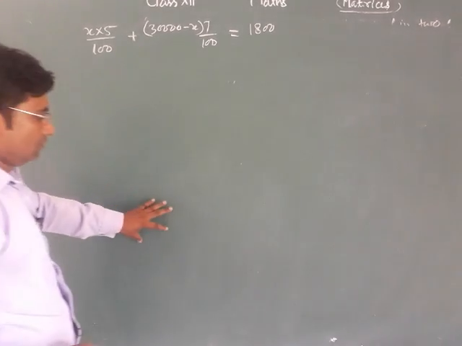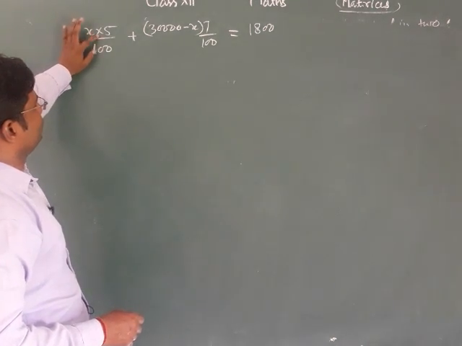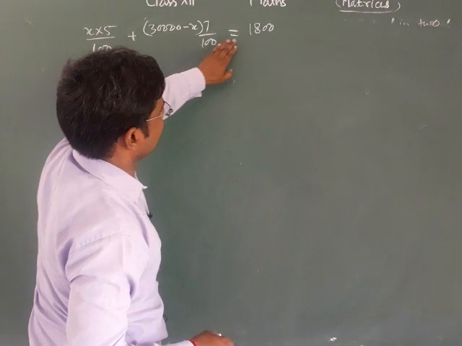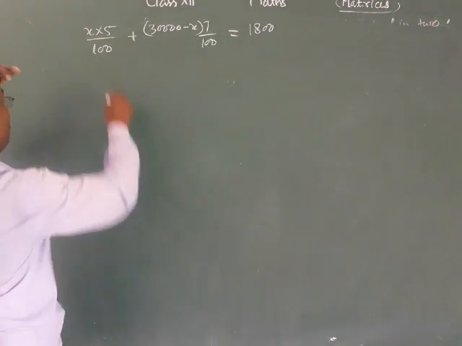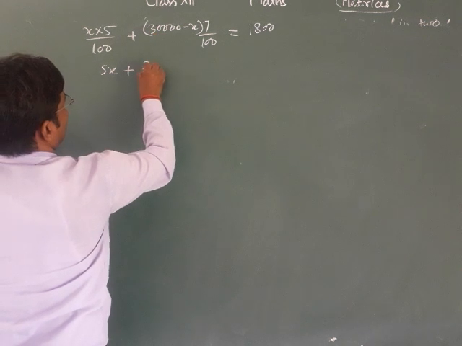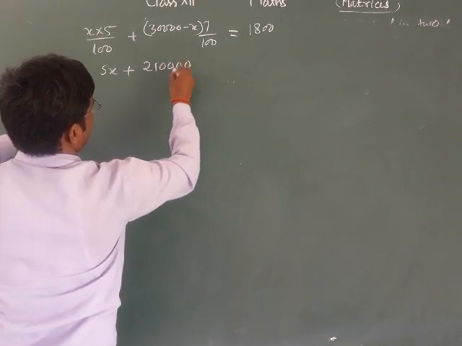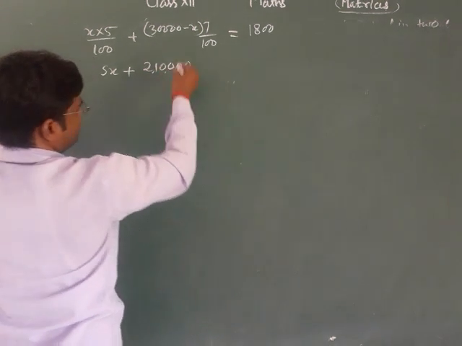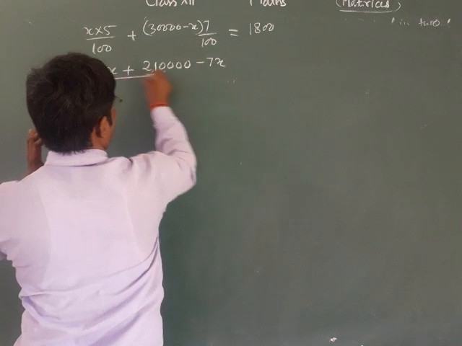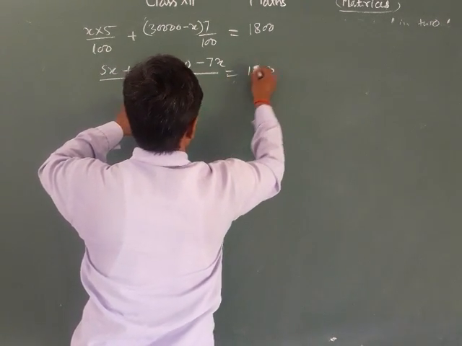Now we calculate: x into 5 upon 100 plus (30,000 minus x) 7 upon 100 is equal to 1800. So 5x plus 7 times 30,000, which is 210000, minus 7x divided by 100 is equal to 1800.